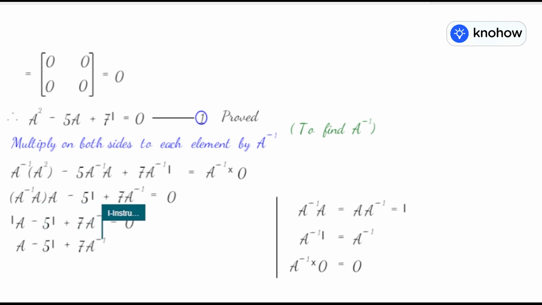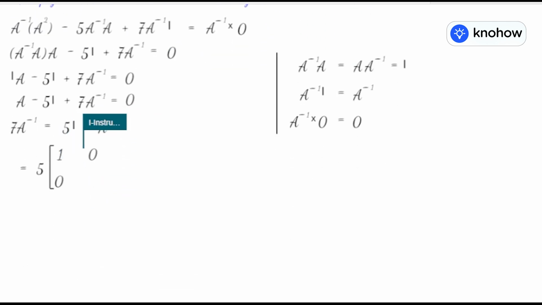And from here, what is the value of 7 times A inverse? For 7 times A inverse, take the other two terms, that is A and minus 5I, on the right hand side. So you get 5I minus A. That is 5 times the identity matrix 1, 0, 0, 1, and what is the given matrix A?